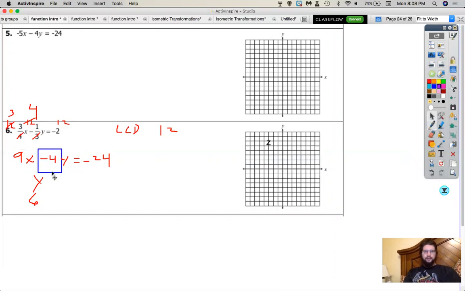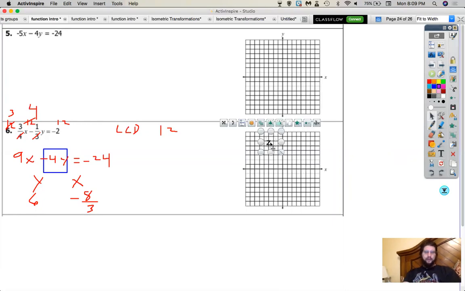Similarly, for the x-intercept, pretend that's not there. So 9x equals -24. Well, that's not too nice. It's going to be -24 over 9, but both of those have a 3 in them, so that's -8 over 3. And we have to plot that mess, but I don't feel like it.